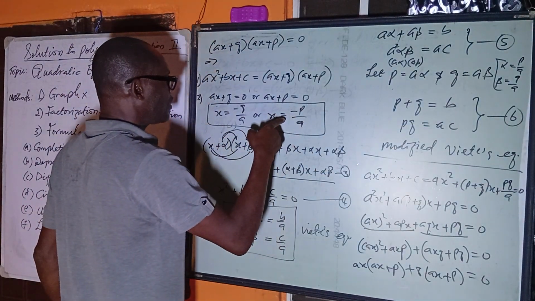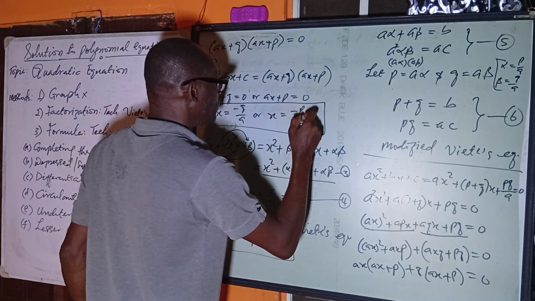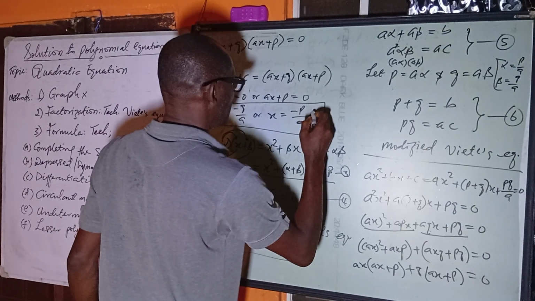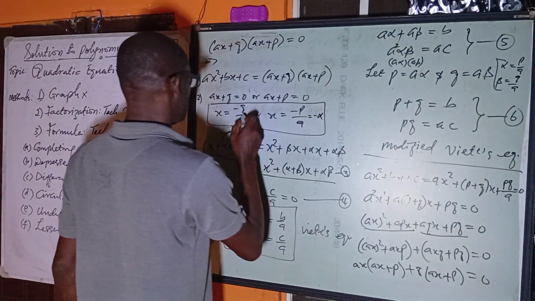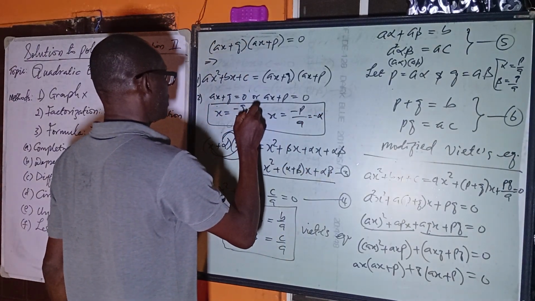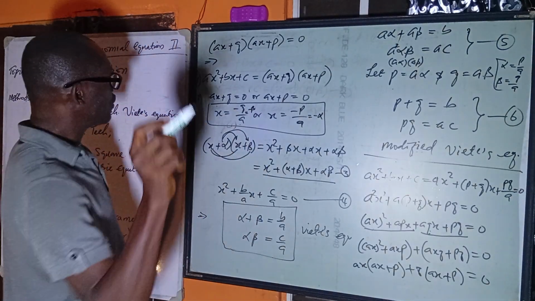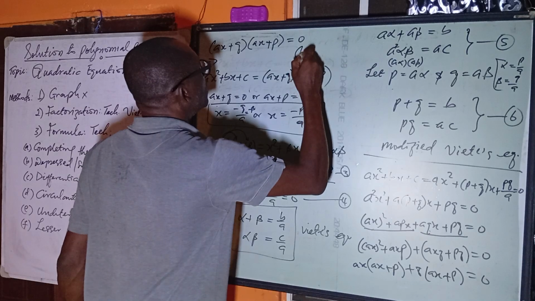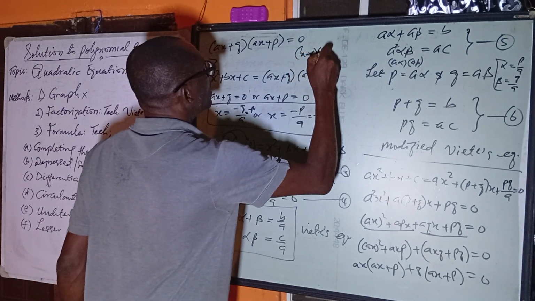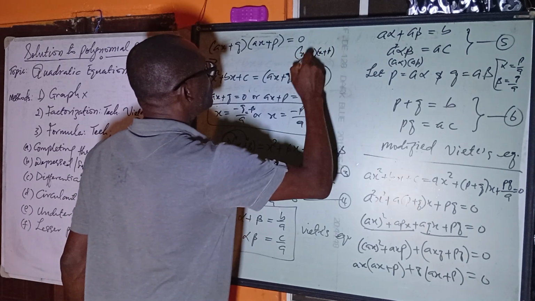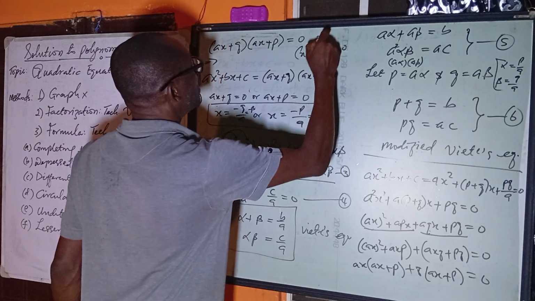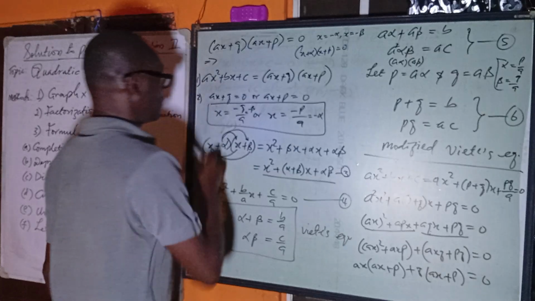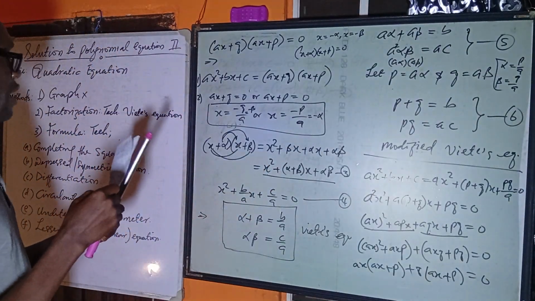So I can replace minus p over a as minus alpha, and this as minus beta. And recall from that expression we have (x plus alpha) into (x plus beta). When you solve this, you have x equals minus alpha and x equals minus beta, which agrees with what we have.